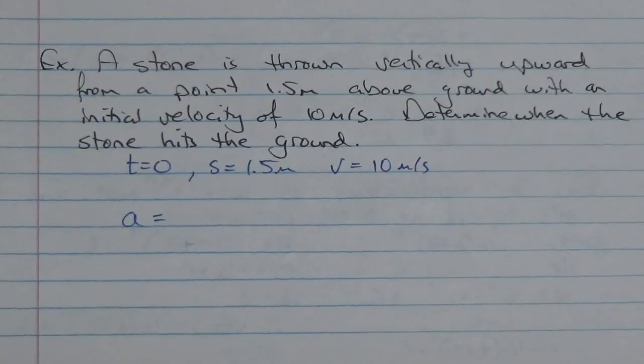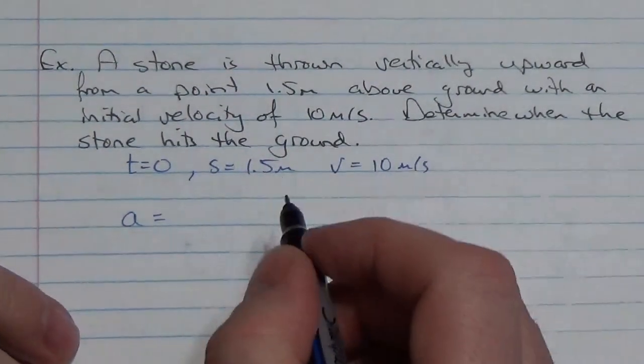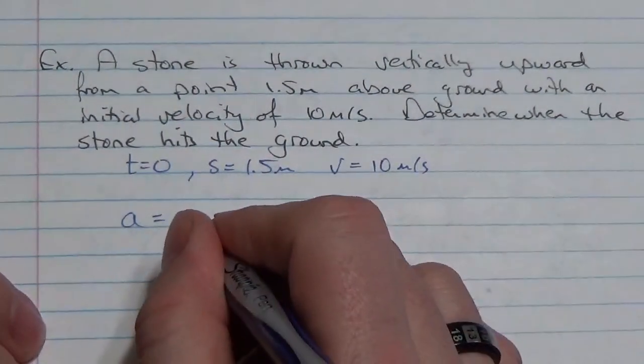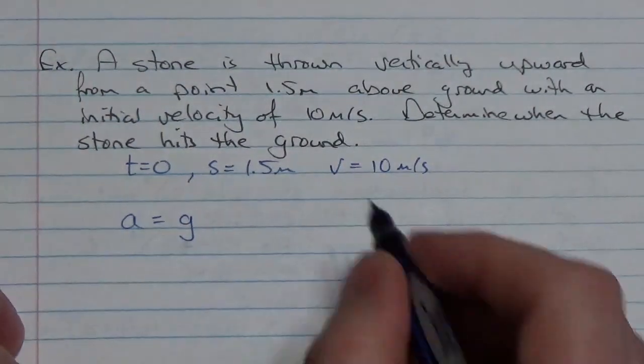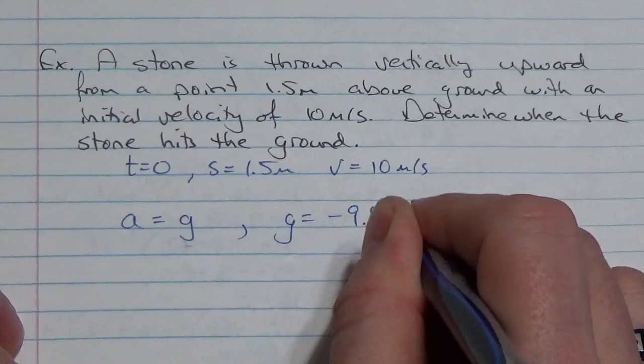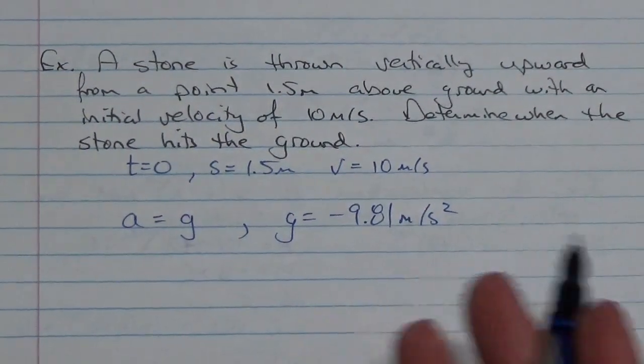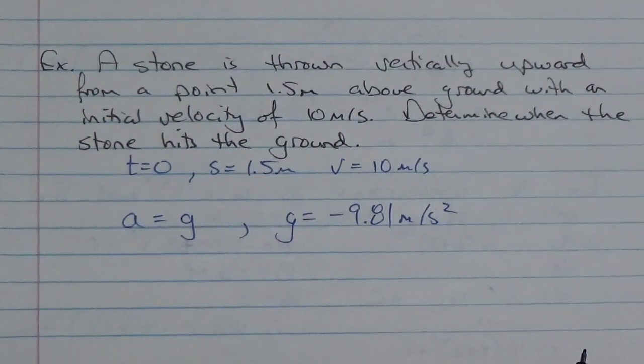When you throw something in the air, it always has the same acceleration. The Earth is always acting on it, and objects are always accelerating towards the Earth at the same rate. The symbol we give to that is g. We know that g is going to equal negative 9.81 meters per second squared. That's just the value of the acceleration on any projectile motion.